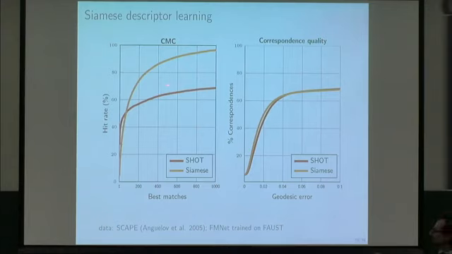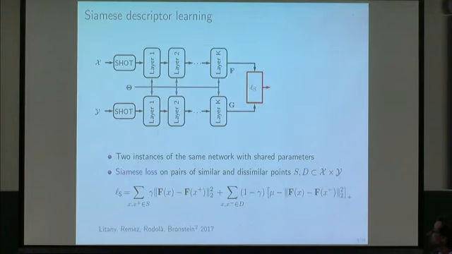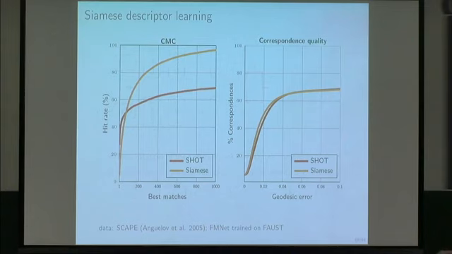However, this kind of loss function completely ignores the geometry of the problem. I might have the first match coming from one point, let's say here, and the second match can come from a point here. It could still be a good descriptor, but there is nothing that, for example, promotes continuity of my map.